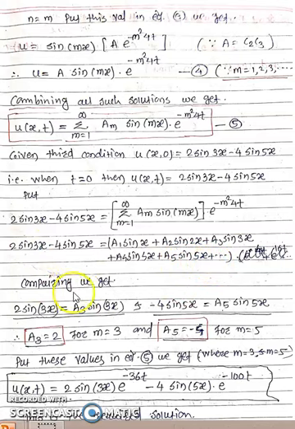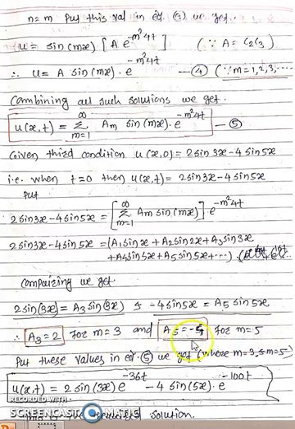Then comparing the left hand side and right hand side, we get 2 sin 3x is equal to a3 sin 3x and minus 4 sin 5x is equal to a5 sin 5x. So from these two equations, we get a3 is equal to 2 for m is equal to 3 and a5 is equal to minus 4 for m is equal to 5.